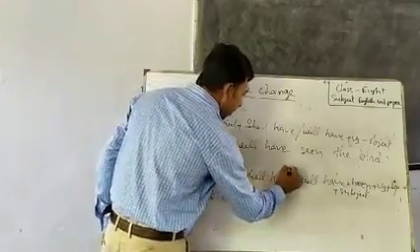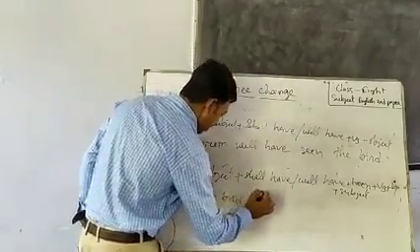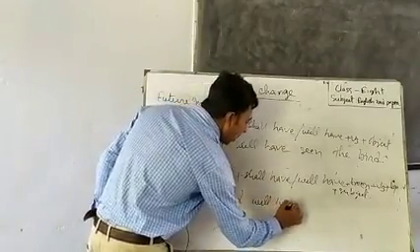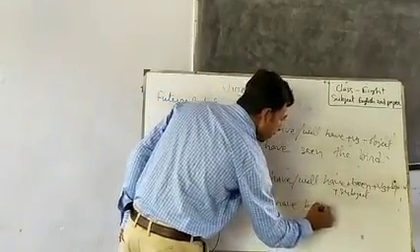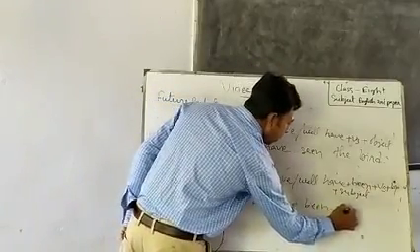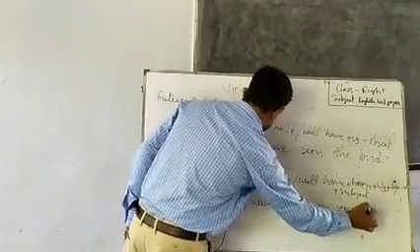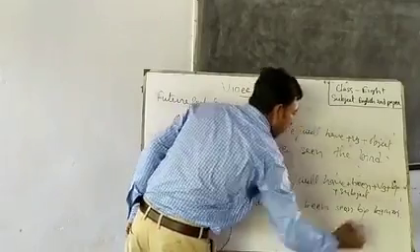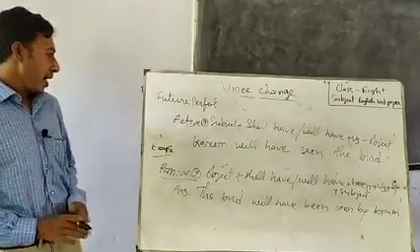And we write auxiliary verb according to number and person. Will have, and we write been, then we write verb 3, and we write by. Dear student, here is complete.